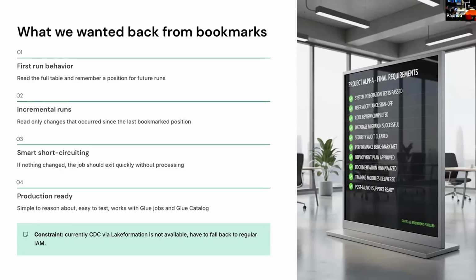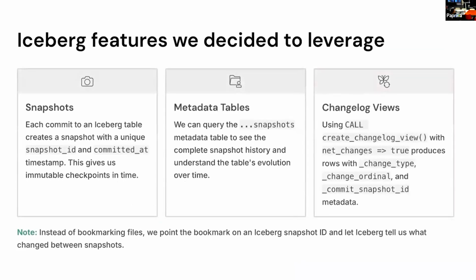Then on subsequent runs, we only want to read the changes since the last bookmark position. We would also like some kind of short-circuiting: if there have been no changes, the job just finishes. There was one constraint, which I will talk about later.